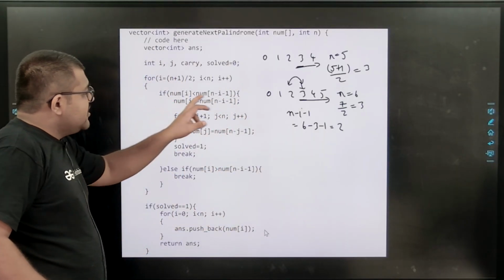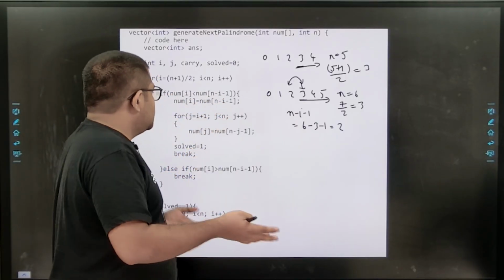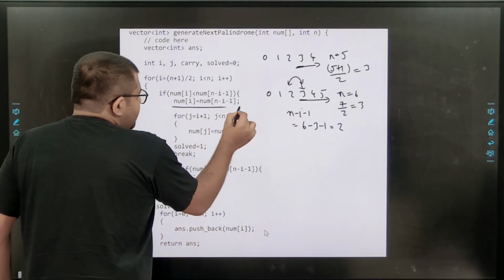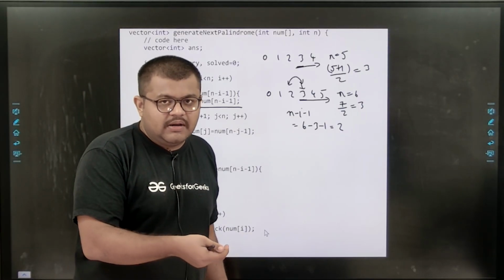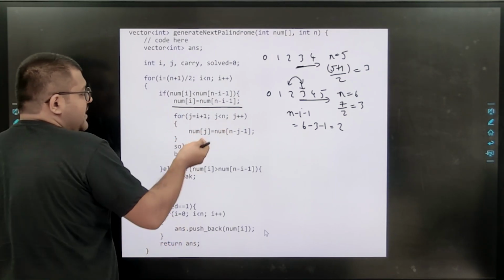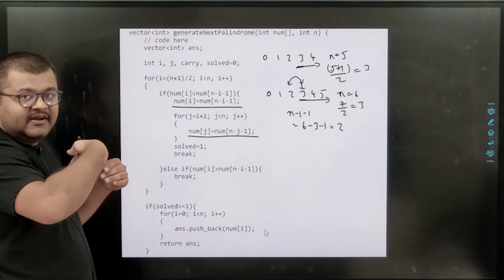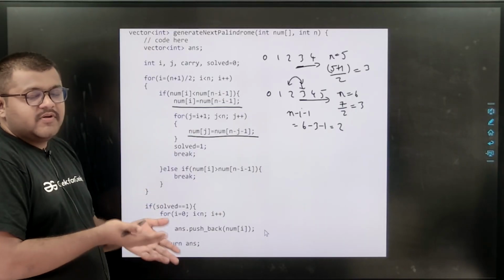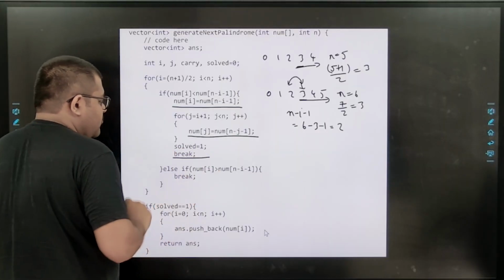So I'll see whether it is less than this, then I need to increment it. So what I'll do, I'll make it equal to this, and now I know that I have got a number larger than the original number, right? So now from i plus 1 to n, I'll just copy the respective numbers on the left hand side to make it a palindrome, and it will be the next smallest palindrome. I'll mark solved as 1 and I'll break from the loop.